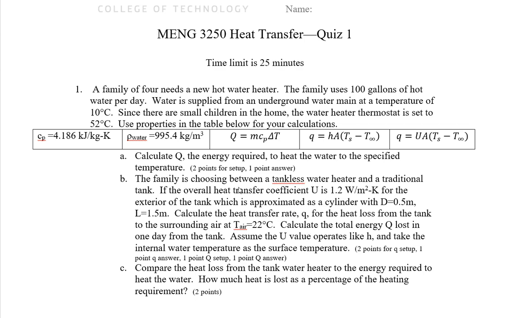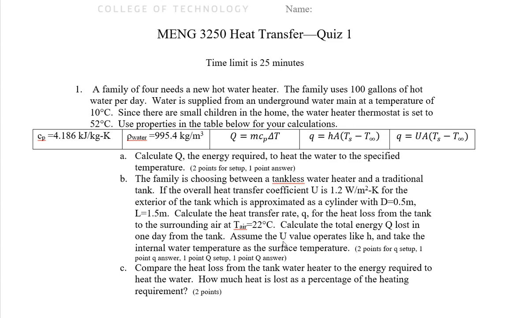And we're told that the overall heat transfer coefficient for that tanked water heater is 1.2 watts per meter squared Kelvin, and that we approximate the exterior of the tank as 0.5 meters in diameter and a height of 1.5 meters. So we're asked to calculate Q for the heat lost from the inside temperature at 52 degrees Celsius to the air temperature of 22. And we look for the Q for 1 day.